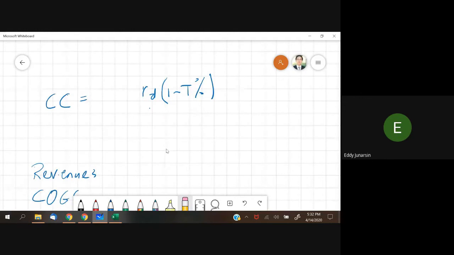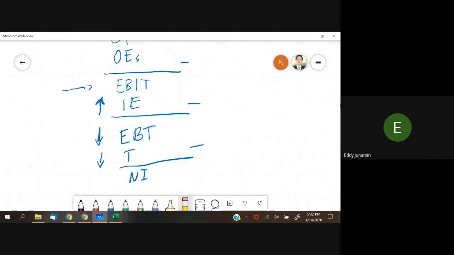Okay, so it's quite interesting, right? If you think further, what if I use less debt financing? I borrow less money, so my interest expense will be lower. Then my EBT would be higher, and the tax payment would be higher, right? So there are two choices here. The first choice is you pay more interest expense because you borrow more money, but you pay a lower tax, right?